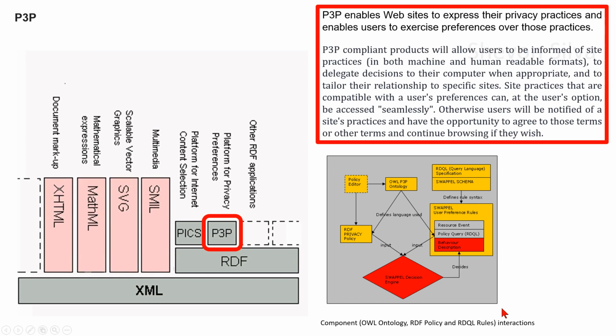Here you can see an overview of RDF policy and SWAPPEL rule set, then we describe how they are used within a typical interaction. Note that the concepts used in both the RDF policy and in the SWAPPEL rule set's RDQL query are defined by the OWL ontology.